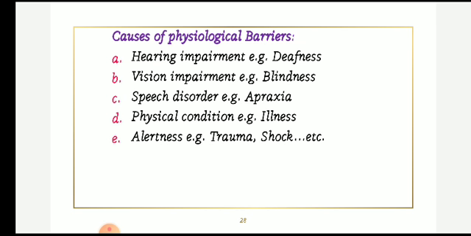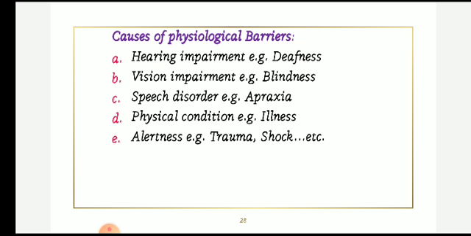The third reason in the physiological barrier is speech disorder. We know speech is very important, and it is actually the tool of verbal communication. It requires proper speech or speaking ability of a person, and there are various speech disorders found in people, like apraxia.